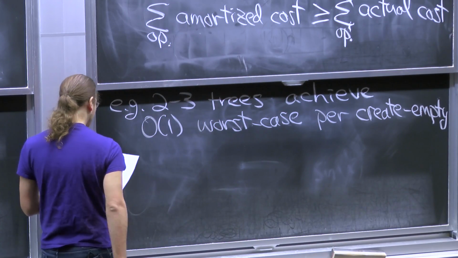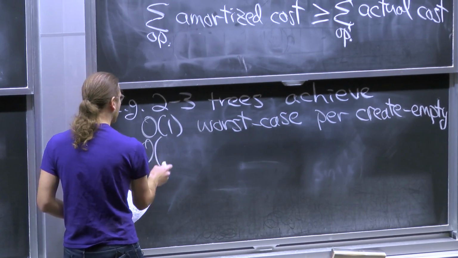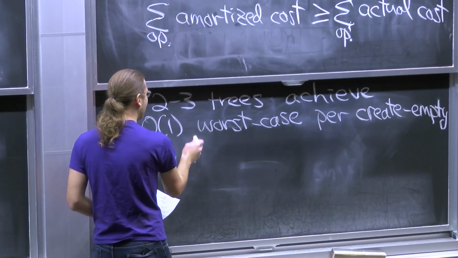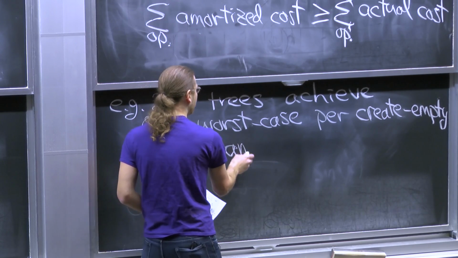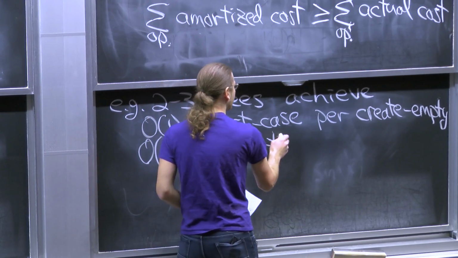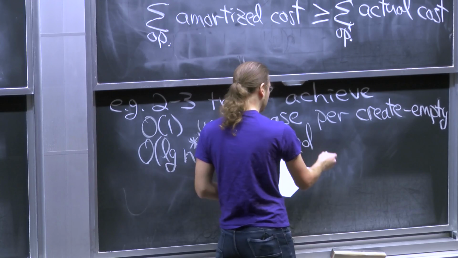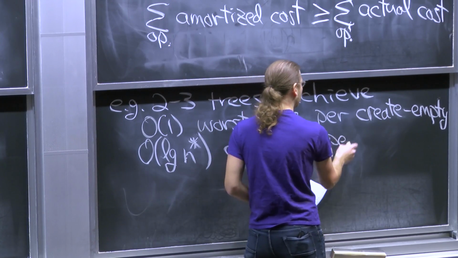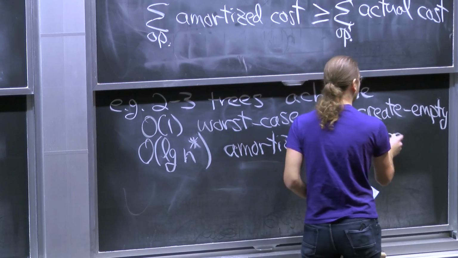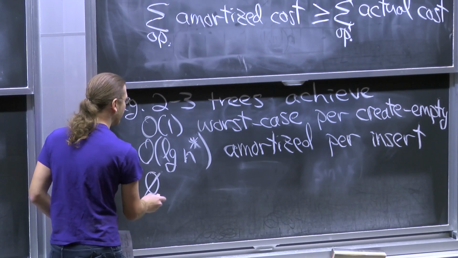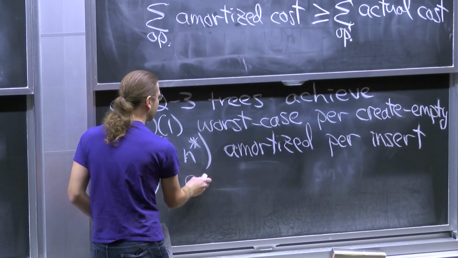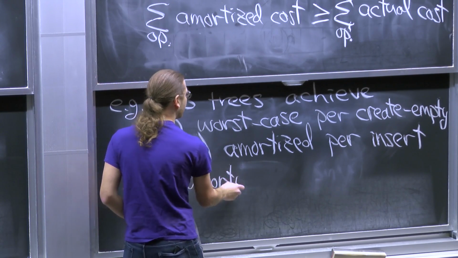It takes constant time to make one. I pay log n time. I'm going to tweak that a little bit for an insertion. And I pay 0 time per delete in an amortized sense.